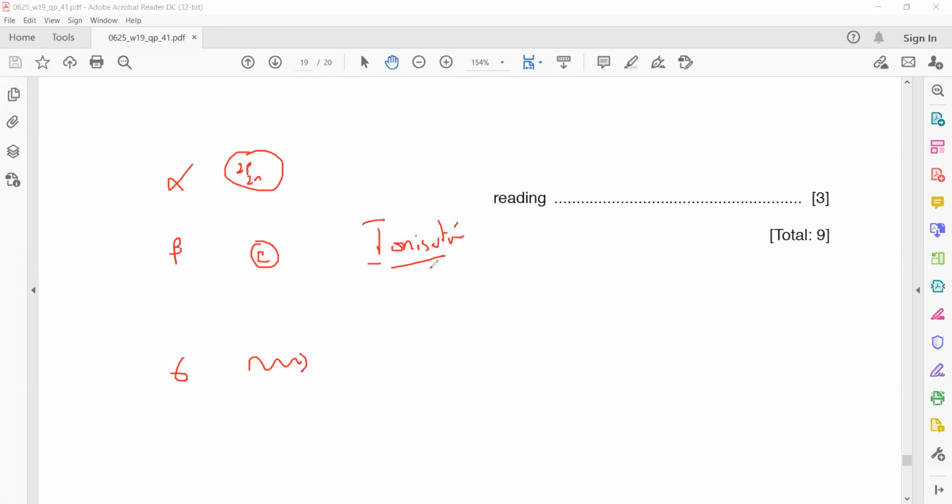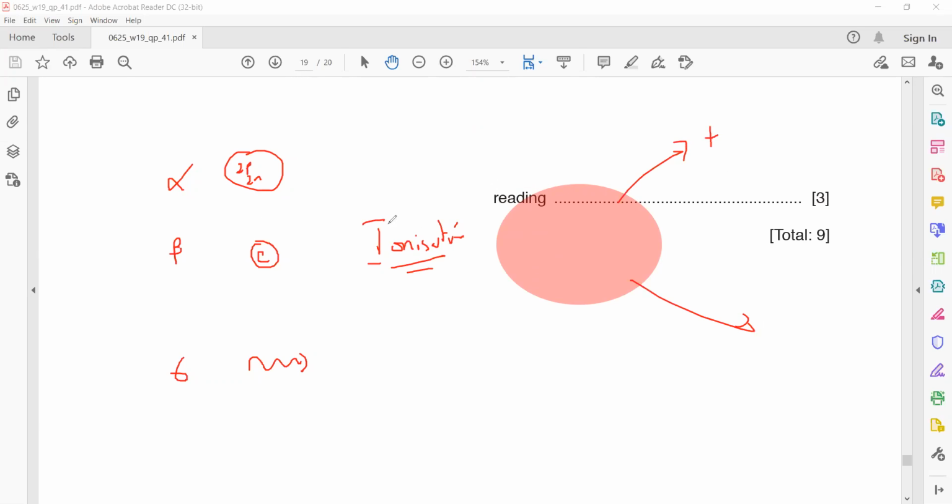The term ionization means breaking down the structure of an atom or molecule into ions.